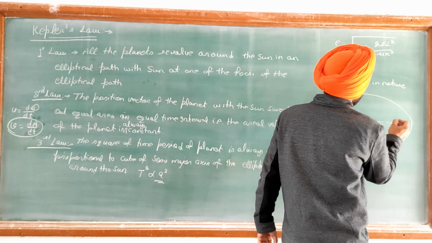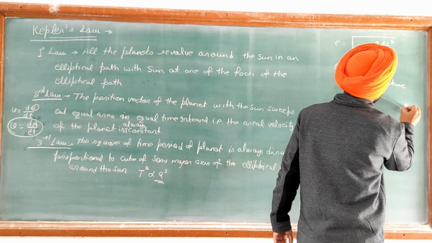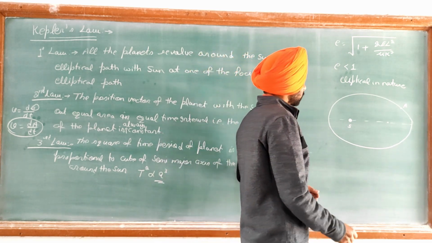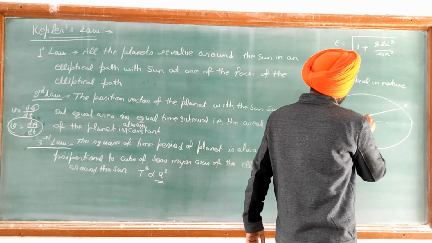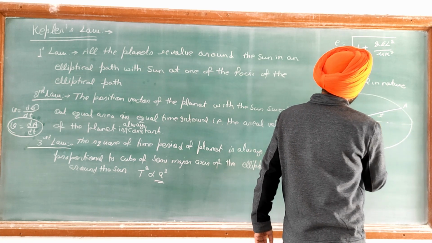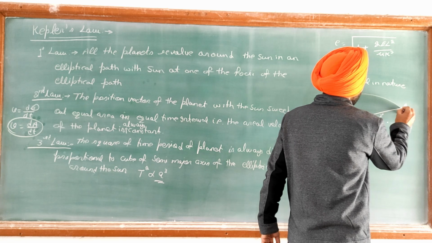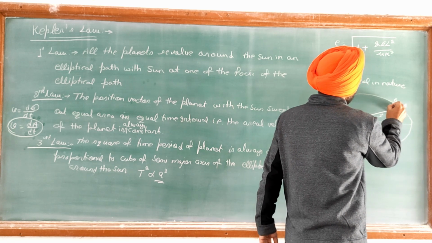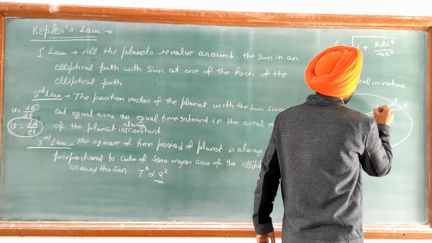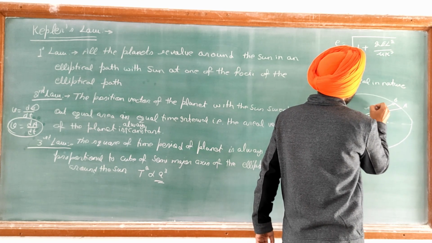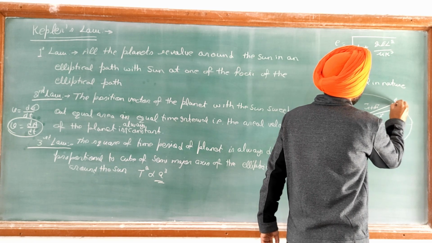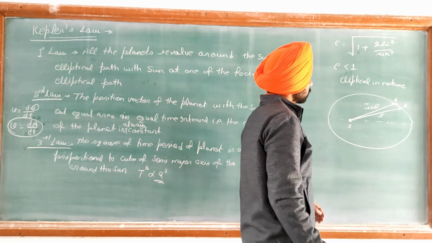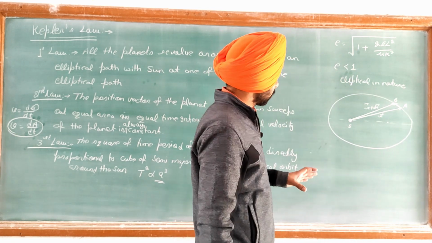So let it be the sun S, and the planet is at some point A. Now, as the planet revolves around the sun in the anti-clockwise direction, suppose at any time t the position vector SA is r, and in a small time interval dt the planet reaches point B, so the position vector is now r plus dr. So this dr is AB.